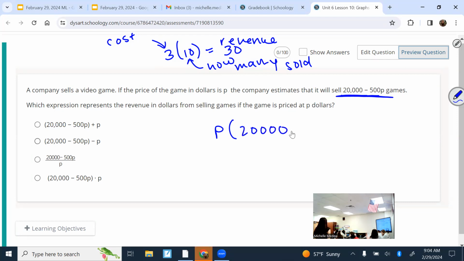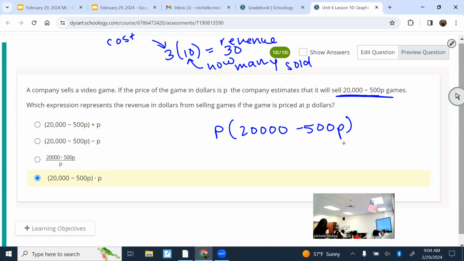So it'll be times the 20,000 minus 500 P. And then that should match one of them already. Which one does it match? Maybe just in a different order. The last one shows me multiplying the cost by how many are being bought. That's what gives us revenue.